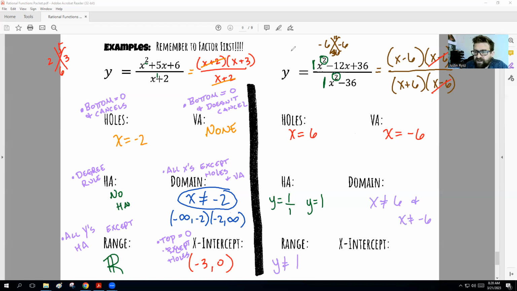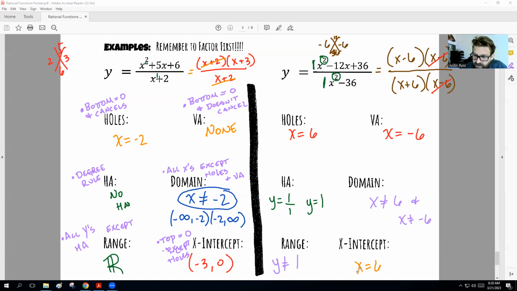All right, and then finally, our x-intercept. We're going to look at the top and see when the top equals 0. Okay, so our top would equal 0 here when x equals 6. Now, we do have a hole at this one. So does that one cancel out? Good question. It would.